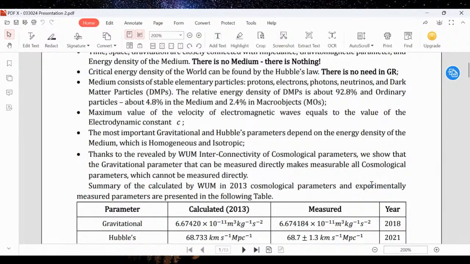The maximum velocity of electromagnetic waves equals the electrodynamic constant C. The most important gravitational and Hubble's parameters depend on the energy density of the medium, which is homogeneous and isotropic. Thanks to the interconnectivity of cosmological parameters revealed by WUM, we show that the gravitational parameter, which can be measured directly, makes measurable all cosmological parameters which cannot be measured directly.